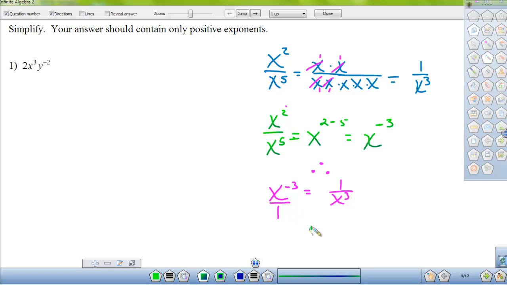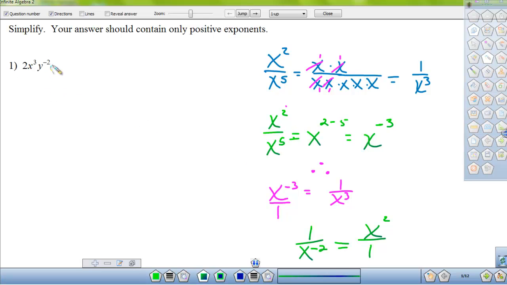If I had 1 over x to the negative second power and I wanted to make that a positive, again, to obtain its equivalent form, you just change its position in the fraction so that x squared comes to the numerator and it switches with the 1, and of course we know we don't have to write that 1.